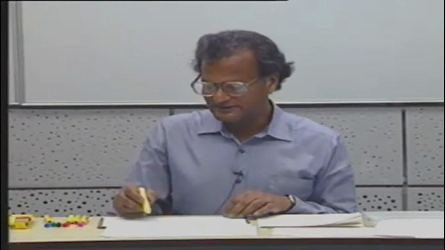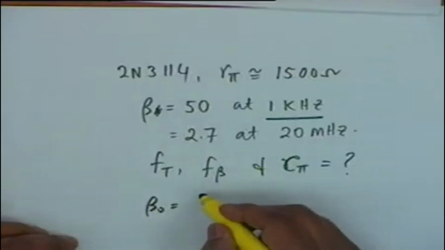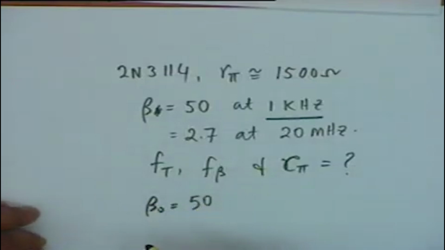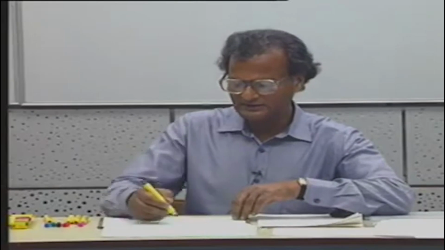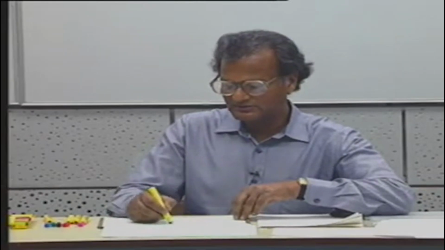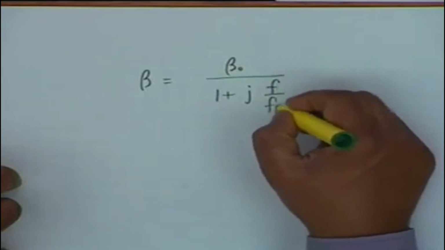Common sense says that 1 kilohertz is a sufficiently low frequency, and therefore you can take beta 0 as equal to 50. Beta 0 is equal to 50, and you know that the variation of beta is given by beta 0 over 1 plus j f by f_beta.